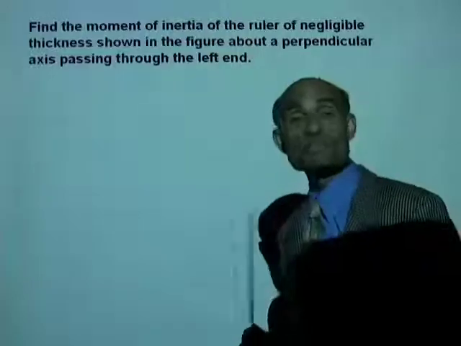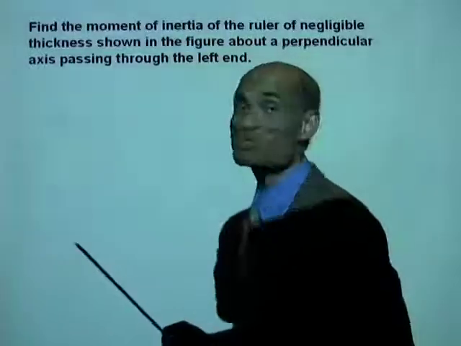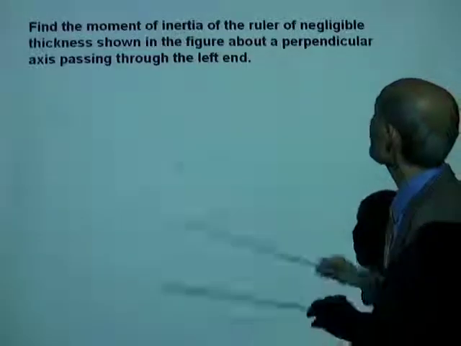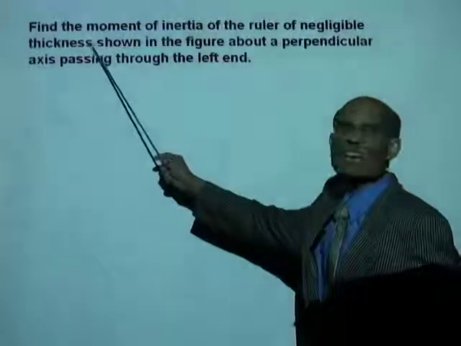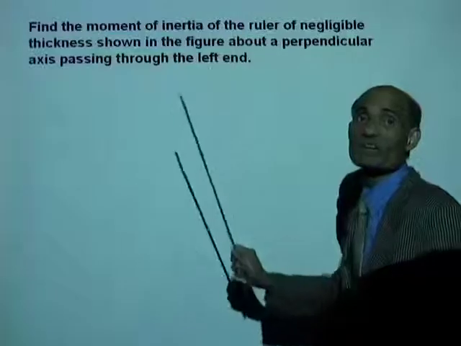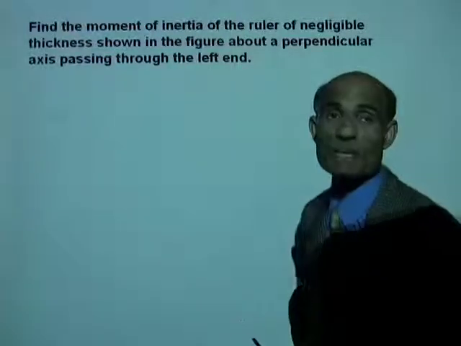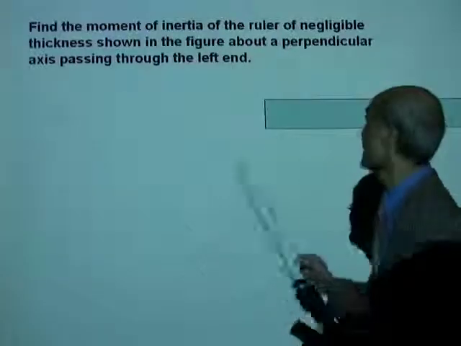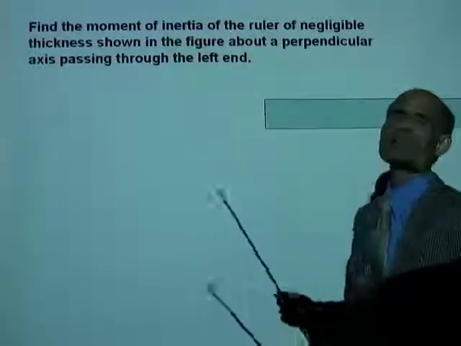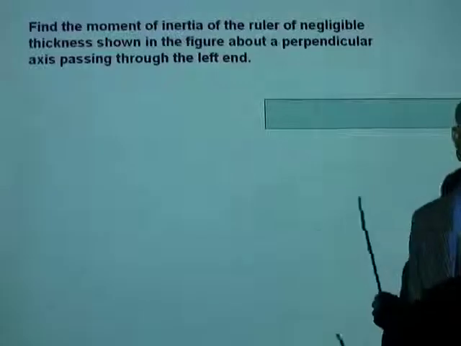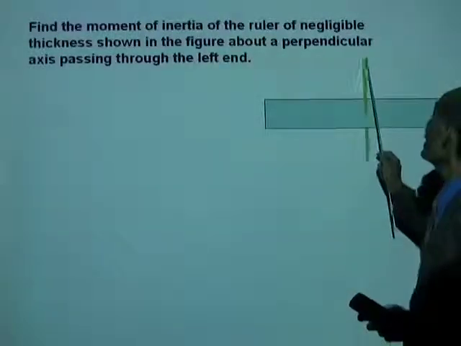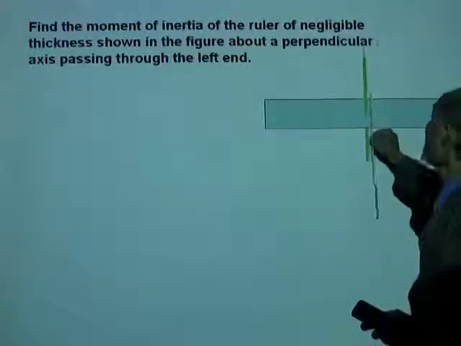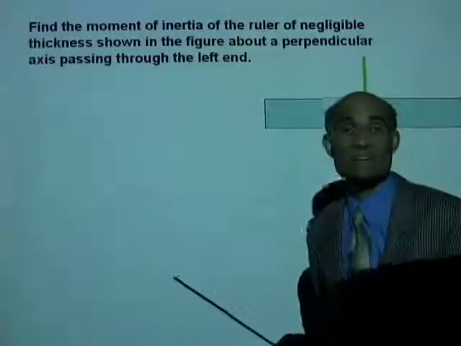Alright, let's use that in a situation. Find the moment of inertia of the ruler of negligible thickness shown in the figure about a perpendicular axis passing through its left end. This is a ruler of negligible thickness. Well, we know the moment of inertia of this ruler about an axis through its center of mass.